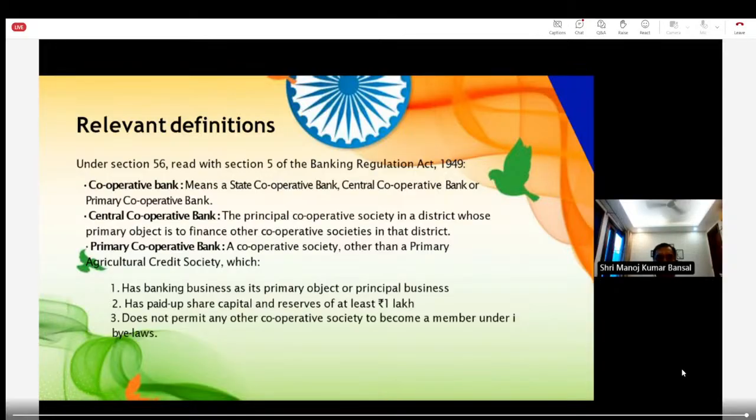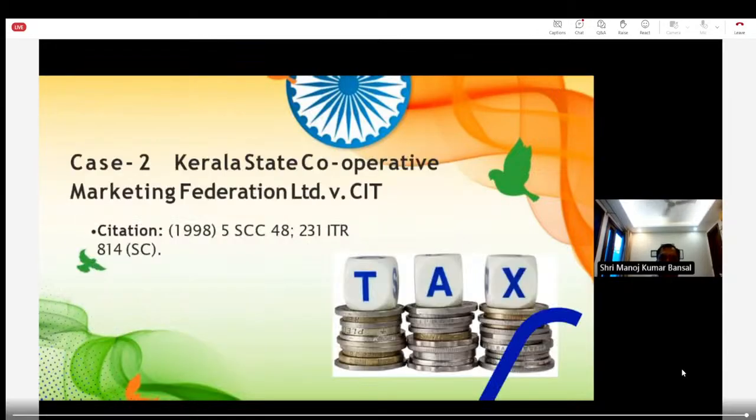A primary cooperative bank is a cooperative society other than a primary agriculture credit society, which has banking business as its primary object or principal business, has paid up share capital and reserves of at least 1 lakh, and does not permit any other cooperative society to become a member under its bylaws.